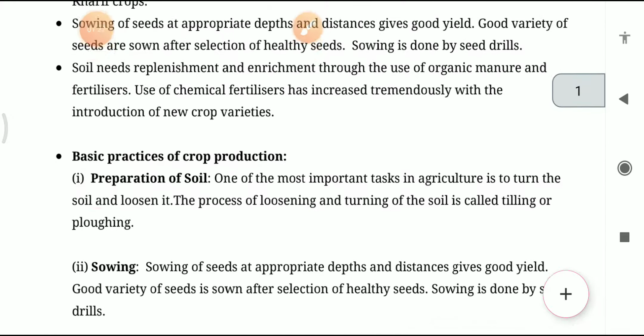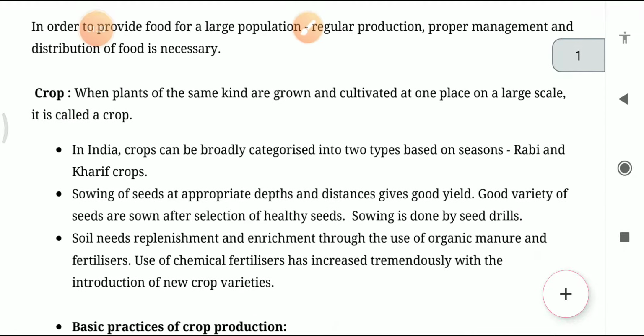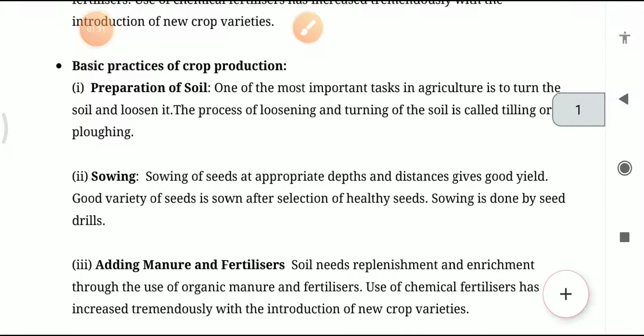Now in the first step, preparation of the soil, we can do it with the help of the plow. Students, what is a plow? Plow is one kind of implement which we use in agriculture, and it is used for loosening and turning of the soil.